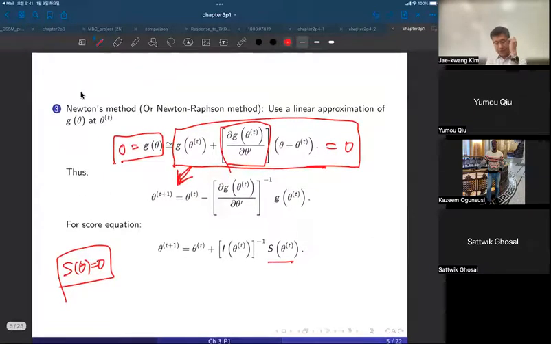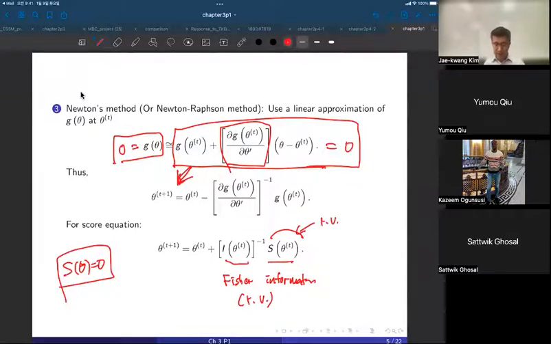Remember, this is basically the partial derivative, so the negative Hessian of the log likelihood. So that is the Fisher information. Remember, the score function itself is a random variable, right?